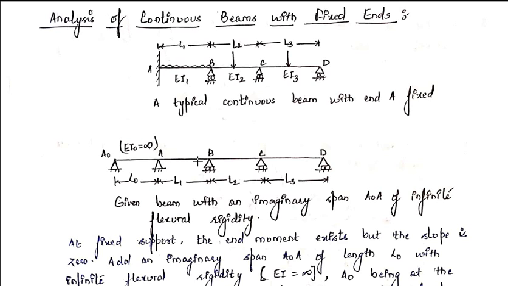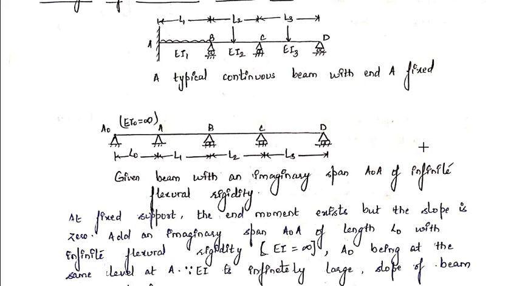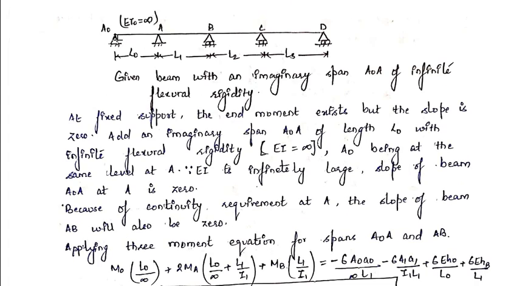Now let us see how the three moment equation will be applied on these two spans A0A and AB. So these are the two spans A0A and AB. Suppose the moment at A0 is M0, the moment at A is MA, and the moment at B is MB.